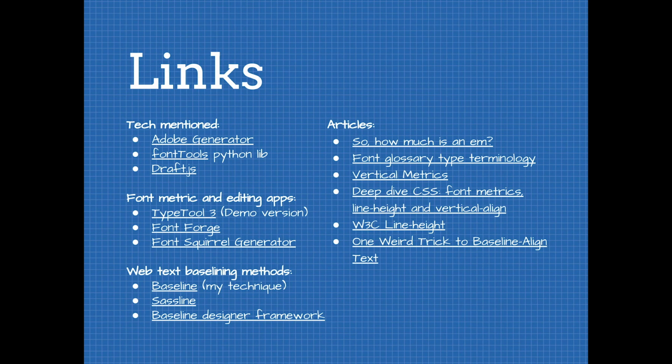Personally, I would love a straight up leading value that I could define, and that would override my line height. But we'll see what happens over time. And it's interesting to see them starting to think more about text and standards related to text, and we'll see how much closer this can get to what we can do in print.